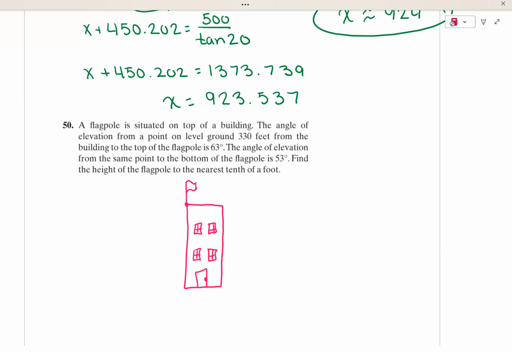The angle of elevation from a point on the ground that is 330 feet from the building to the top of the flagpole. So we go out here 330 feet to the top of the flagpole. We have an angle of elevation that is 63 degrees.